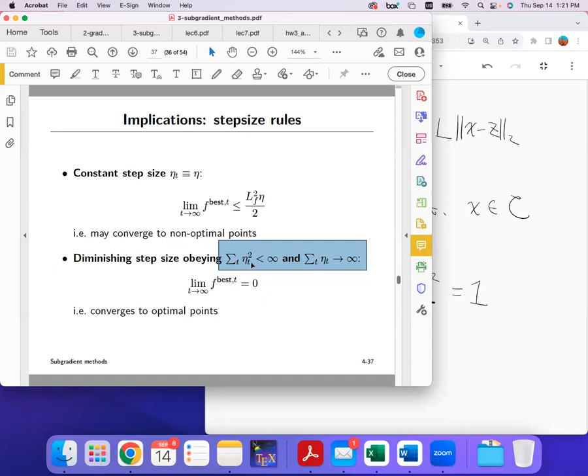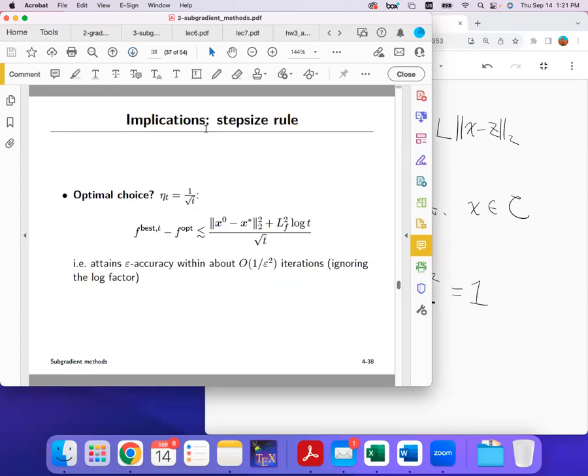Summation over 1 over t is roughly log t if you approximate it using integration, whereas sum over 1 over square root of t is roughly square root of t. So if you pick this one, then you have log t over square root of t for those two summations.